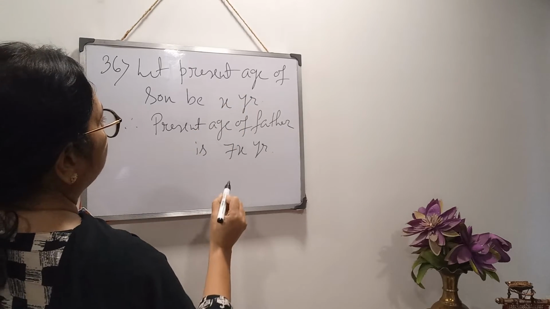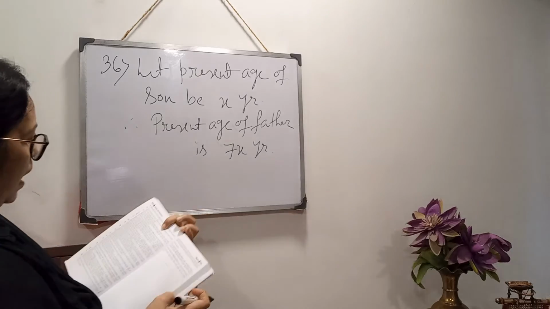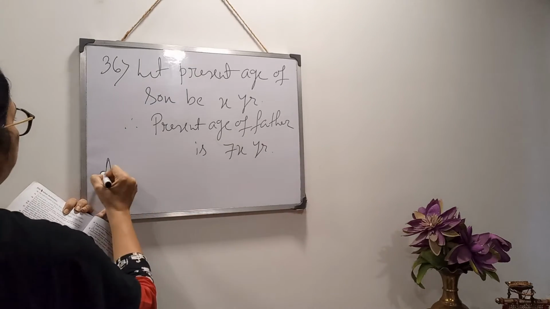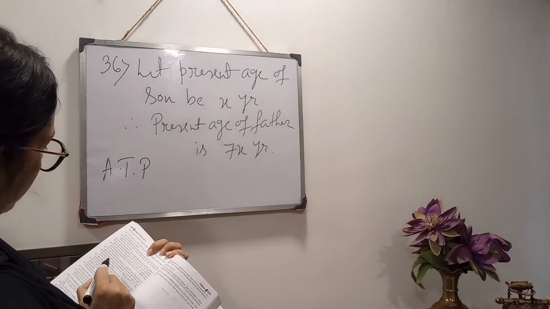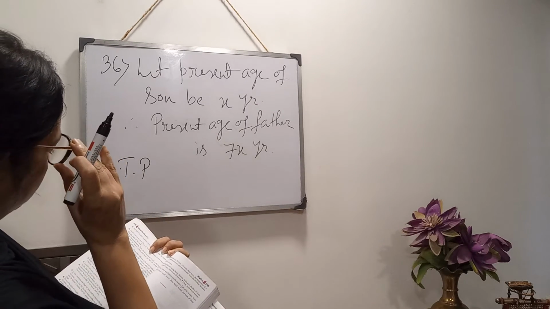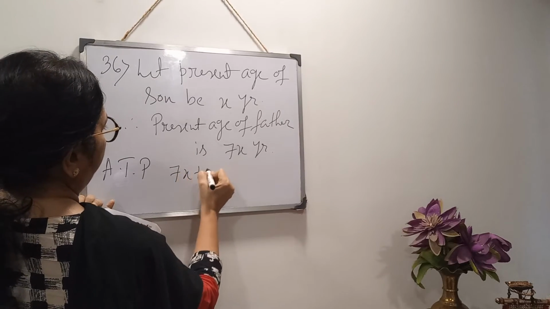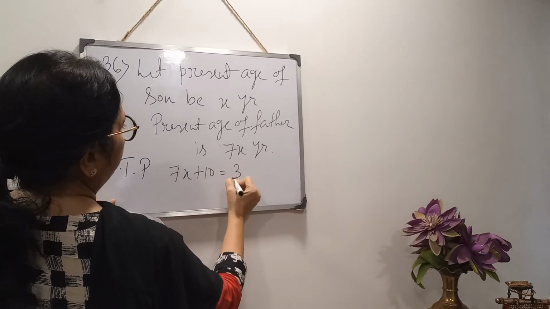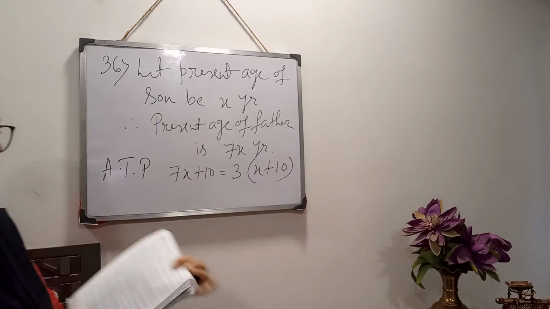And after 10 years, what will be the age of father? 7x plus 10. And according to the problem, it is told that after 10 years, age of father will be 3 times of his son. So 7x plus 10 equals to 3 times of his son. Clear?